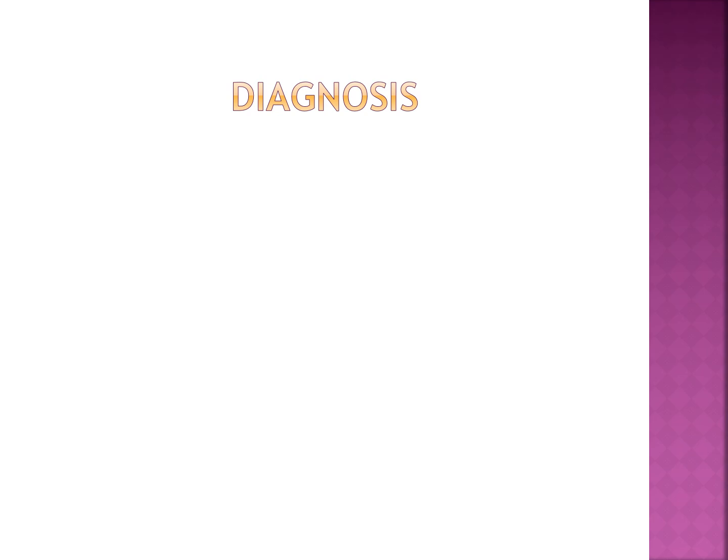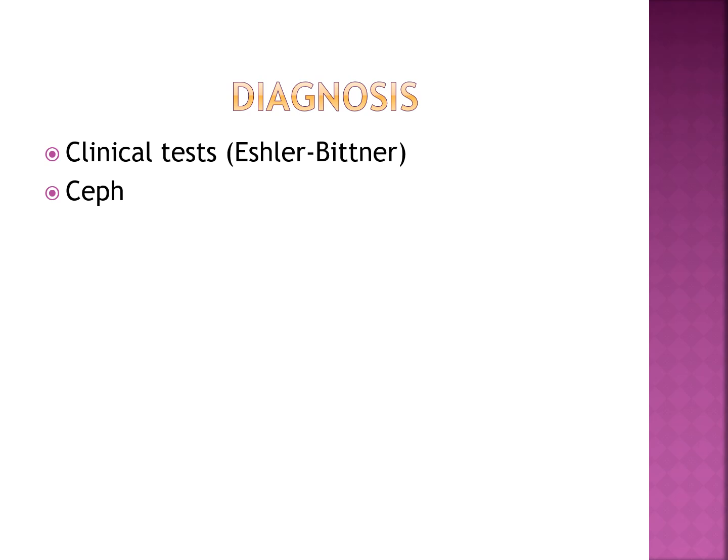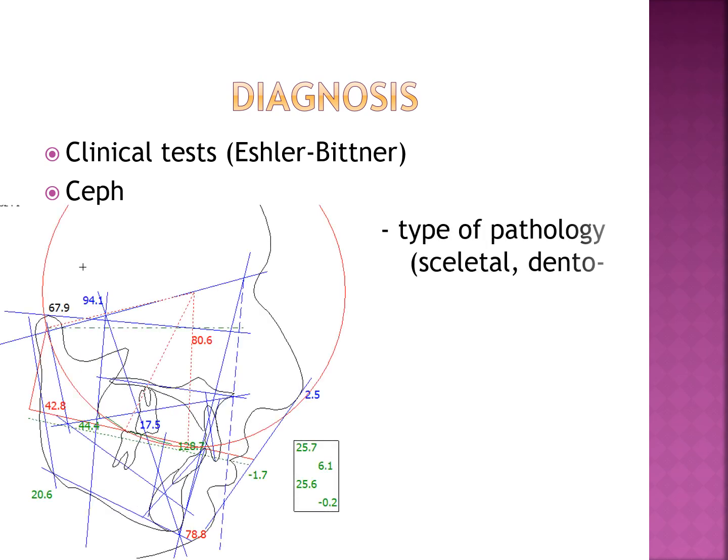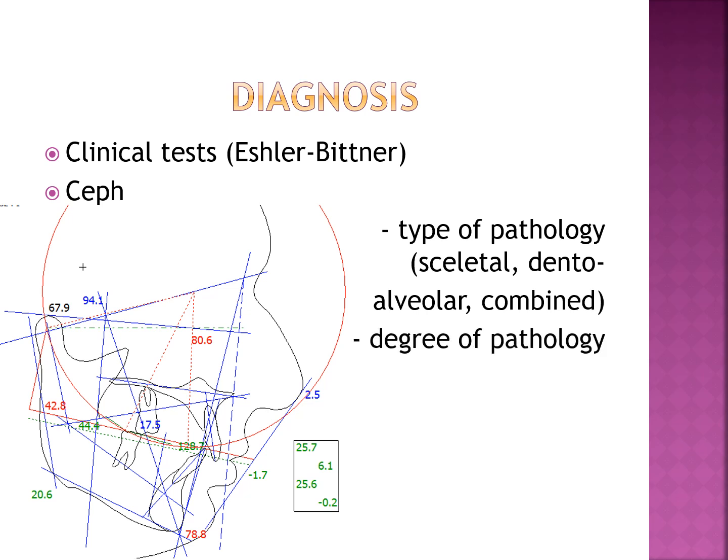What about diagnosis? Except for clinical examination, we can conduct clinical tests like the Ashler-Bittner test, and of course, to establish the type of pathology, skeletal, dental, velar or combined, and the degree of pathology, we need to use cephalometric evaluation of the cephalometric X-ray.